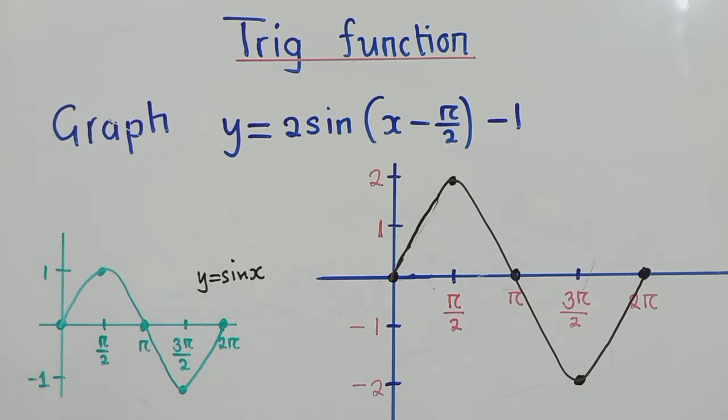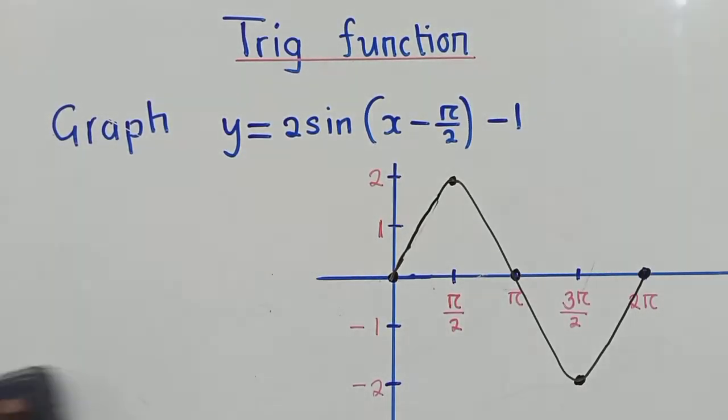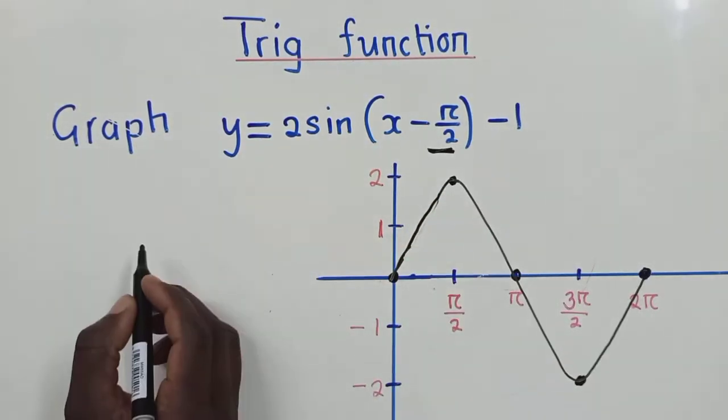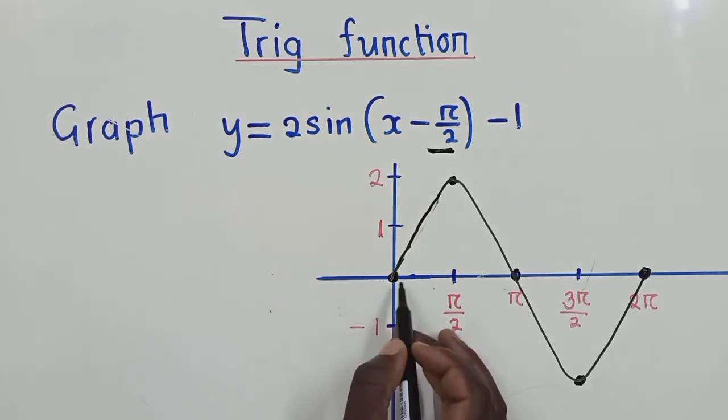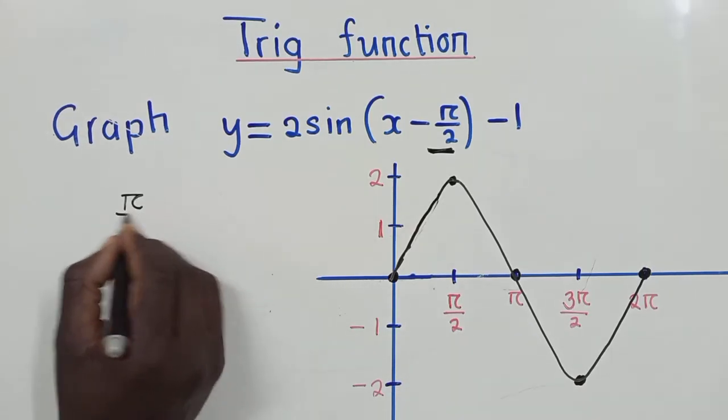So now, let's try to show the shifts. What do we mean when we say shifts? This angle, which is right here, means this graph will shift to the right side. So we've got pi over 2.